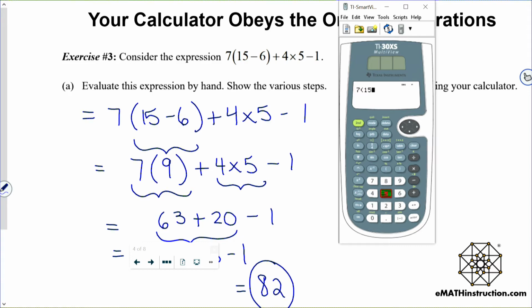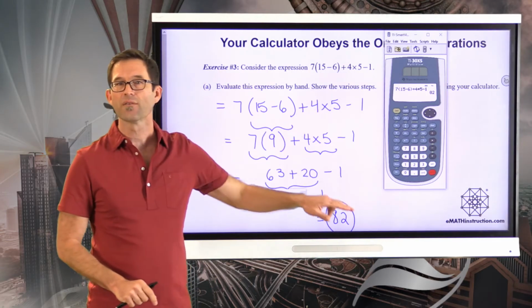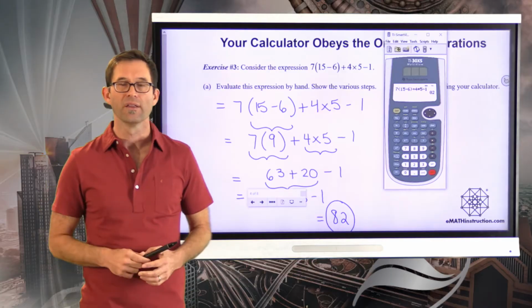I'm just going to do 7 parentheses 15 minus 6 parentheses plus 4 times 5 minus 1. And then I'm going to hit enter and I'm going to get 82. Look at that. Awesome. So that 82 just verifies what we got when we did the calculation by hand.